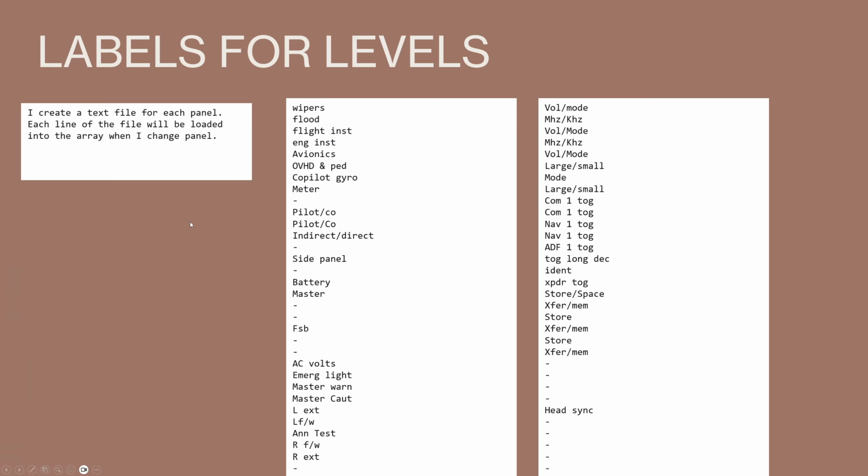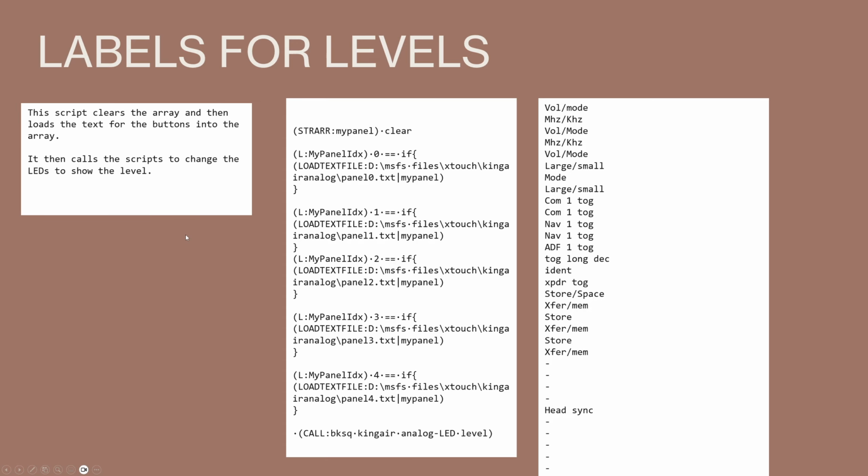So the next thing is to load the array, and this is the actual script I use to load it. I load it once at the very beginning, and I'll show you how I do that. Then whenever I change layers, it's going to call this script. So there's the string array, my panel, and you clear it.